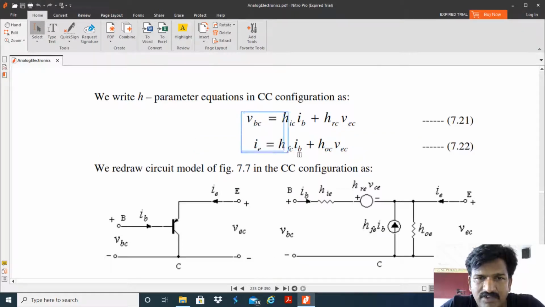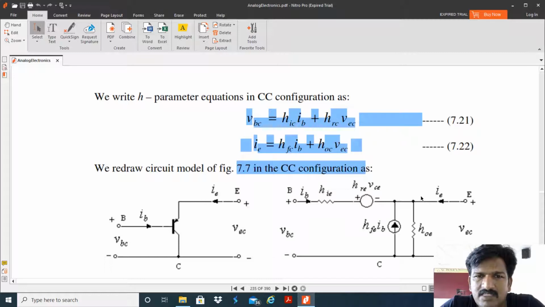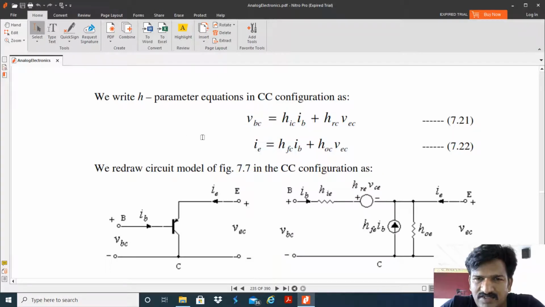You can have the equations VBC equal to HIC IB plus HRC VEC, and IE equal to HFC IB plus HOC VEC. For the CC configuration it looks like this: VBC is the input voltage, IB is the input current, VEC is the output voltage, and IE is the output current.